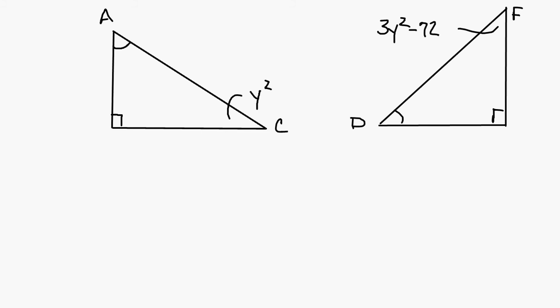So angle C is going to be congruent to angle F, isn't it? You've got two angles in one triangle congruent to two angles in another triangle, so the third angles are also congruent. So if you were asked to find the measure of angle C and the measure of angle F, you got to solve for y to find those angles, don't you? So y squared equals 3y squared minus 72.